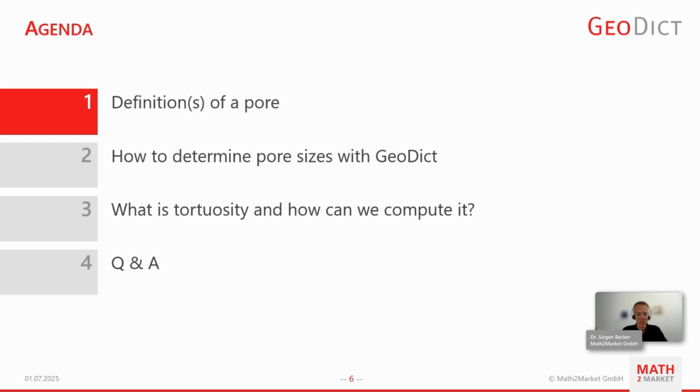And last, there will be a Q&A section. Of course, you can ask questions anytime during the seminar in the chat. We will either answer them directly in the chat or answer them later in the Q&A session. So please, Anne, start with the first part.